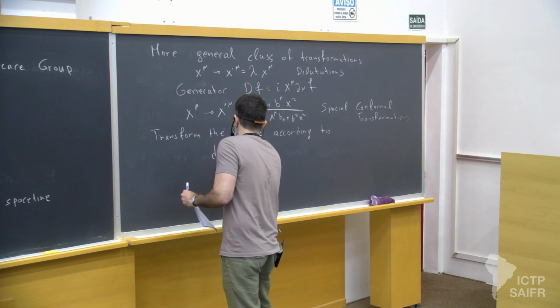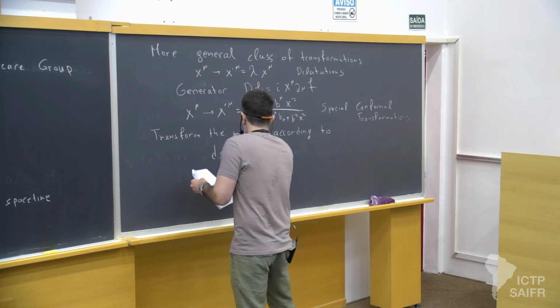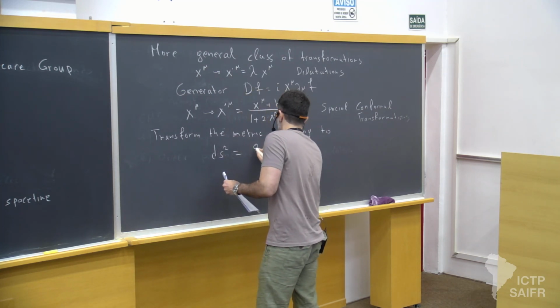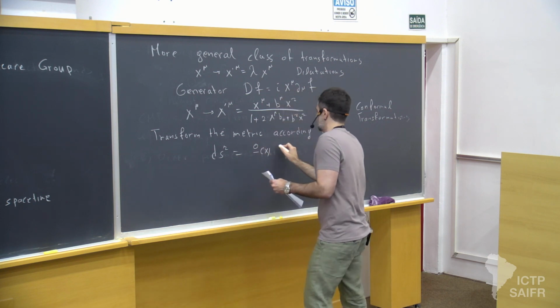If ds² is your original metric, the new metric you will get will be multiplied by some scalar function, Ω.